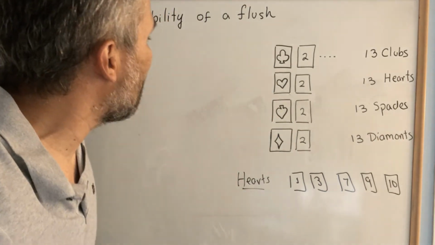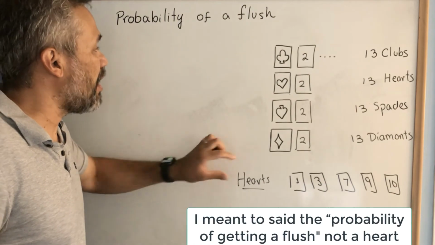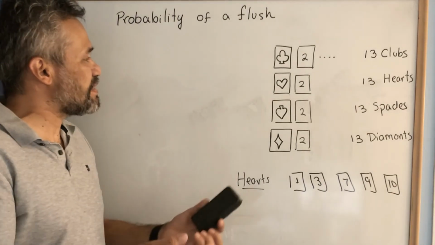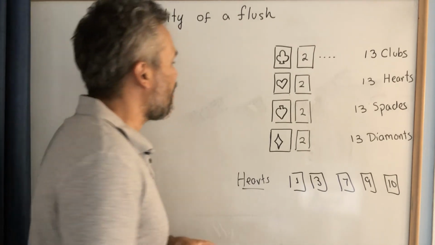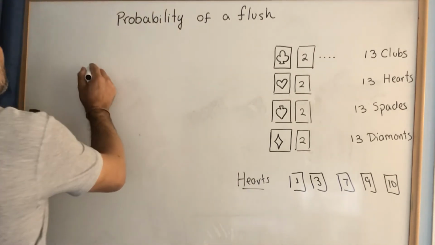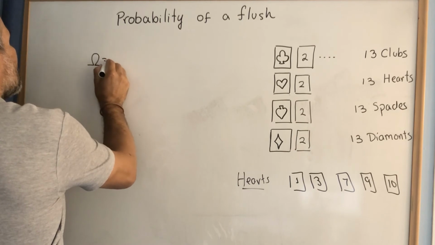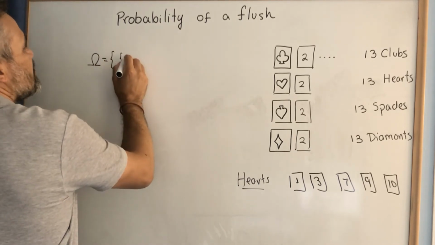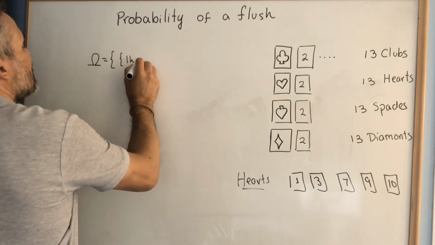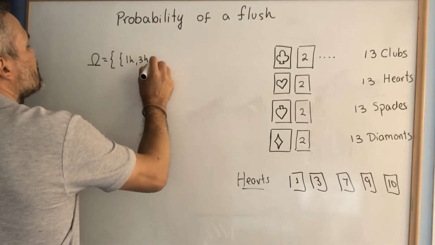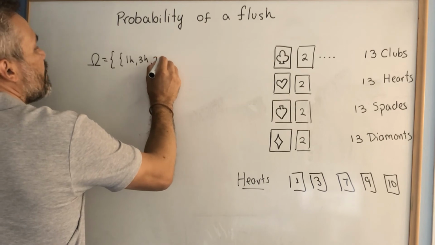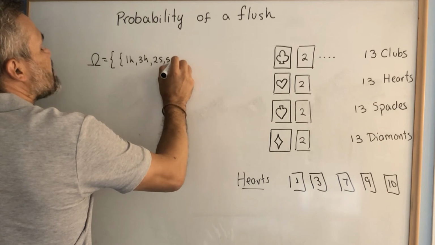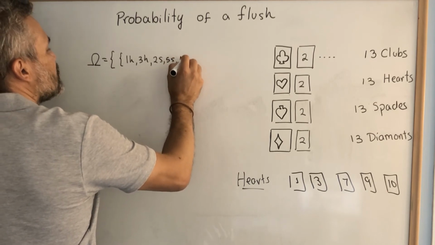Let's find the probability of getting a flush. Remember that when we start playing, we receive 5 cards. Then our sample space is going to be the collection of 5 cards. In this case we can have like 1 of hearts, 3 of hearts, 2 of spades, 5 of spades, and 1 of diamonds.